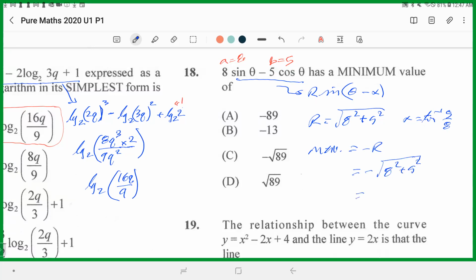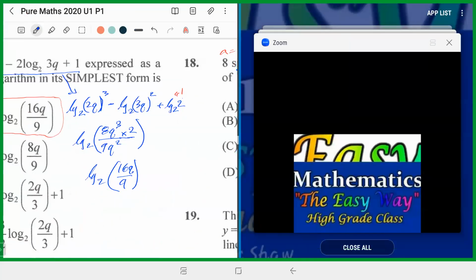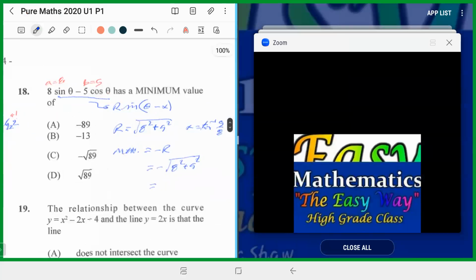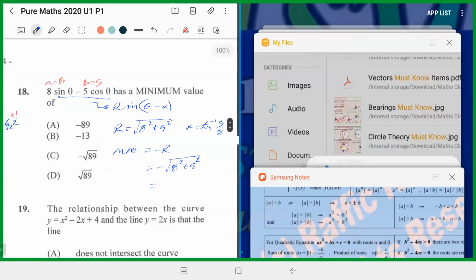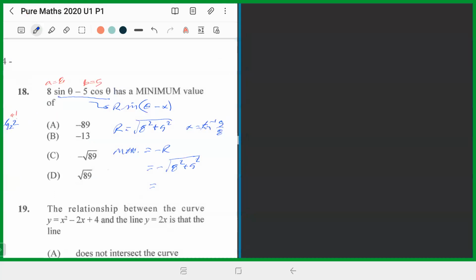Let's do the calculator, 8 squared plus 5 squared, square root.